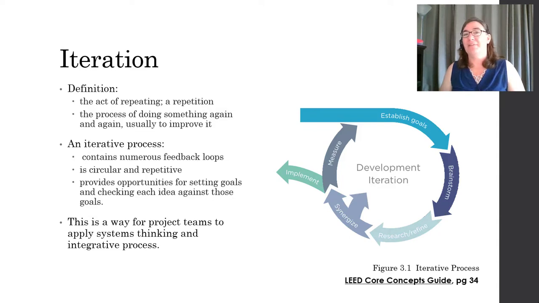It's repetitive, and it provides opportunities within the process for setting your green design goals and then checking your project, your design decisions against those goals. And so this is the way that project teams apply systems thinking to the integrative process.